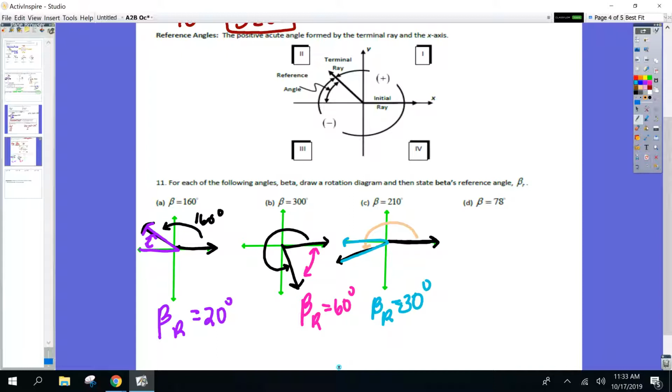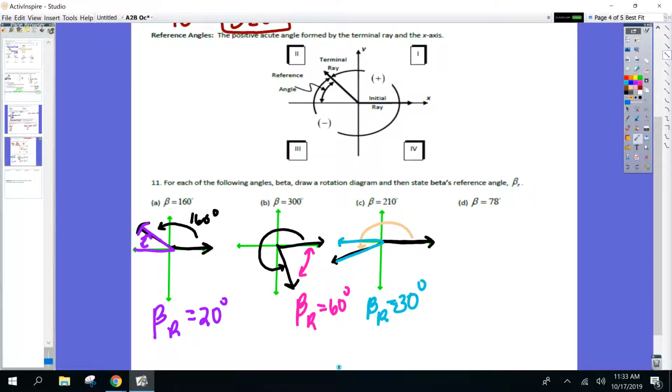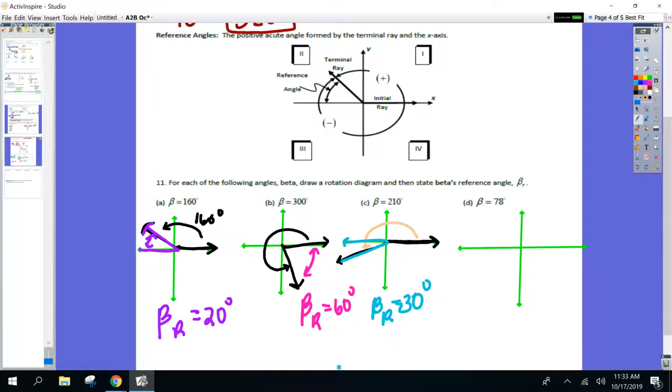Any issues? Okay, and then I just throw this one in here just to make sure you're awake. 78 degrees. What quadrant are you in? Quadrant 1, right? And I'm looking for the reference angle.